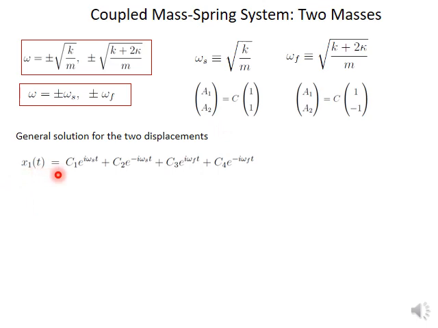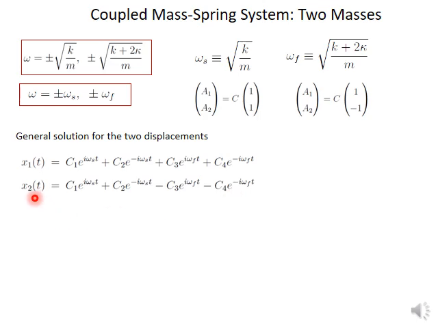Let's write a general solution as a linear combination of all the frequencies we have in the system. For x1 as a function of time, the general solution will be something like this. We have c1, a coefficient for the positive slow frequency, c2 for the negative slow frequency, c3 for the positive fast frequency, and c4 for the negative fast frequency term. This summation gives you a general solution for the left mass as a function of time, or its displacement as a function of time.